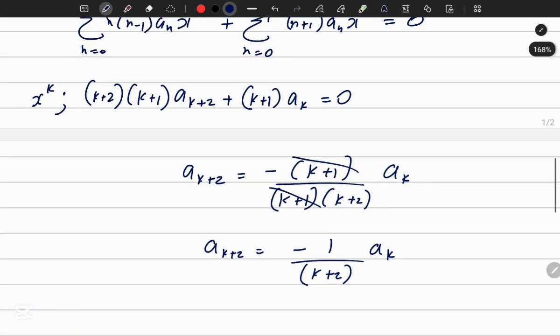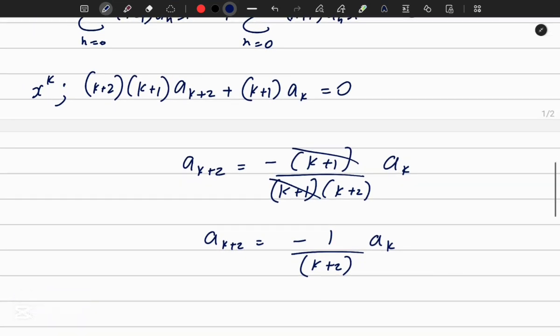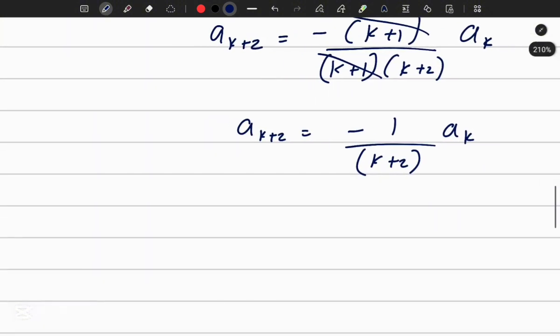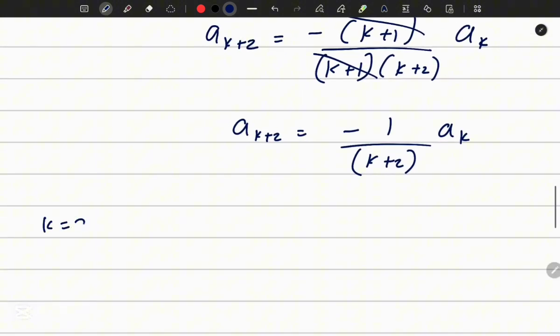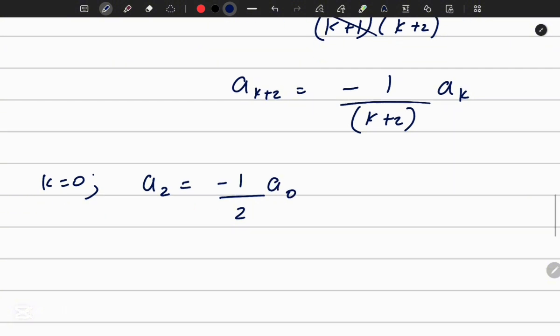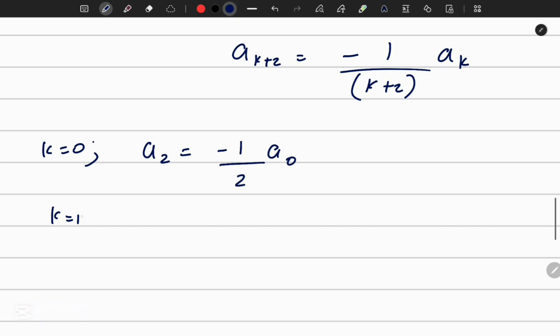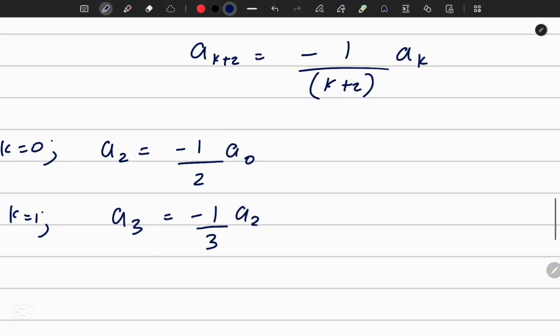Okay, so let's substitute k equals 0. a2 equals minus 1 over 2 a naught. When k equals 1, a3 equals minus 1 over 3 a1.